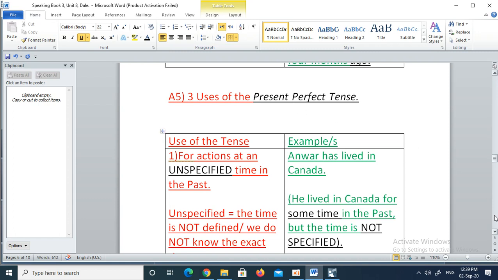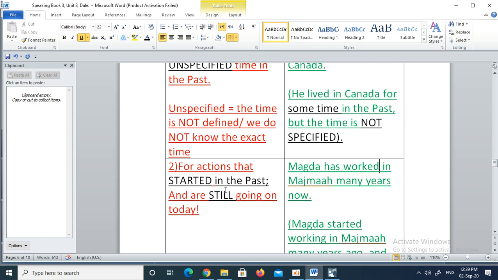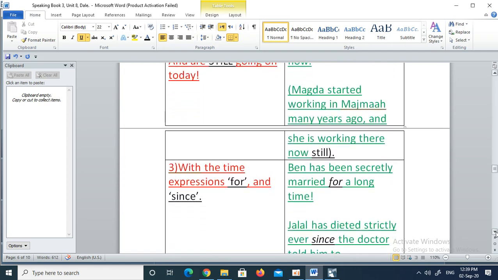The uses of the present perfect. Number 2 is for actions that started in the past and are still going on today. He started playing for that team in the past. He's still playing there today, but he hasn't won up until today. So we will use the present perfect.